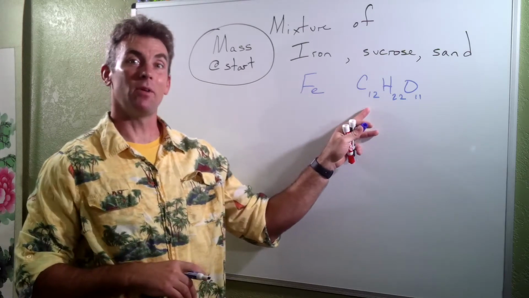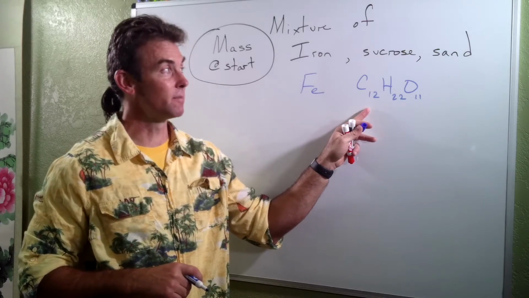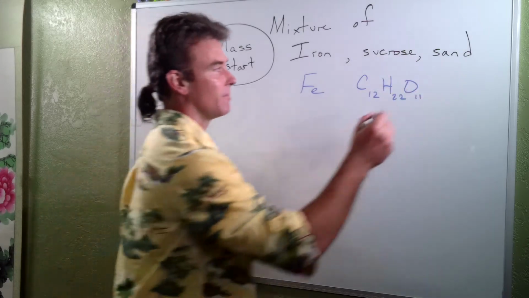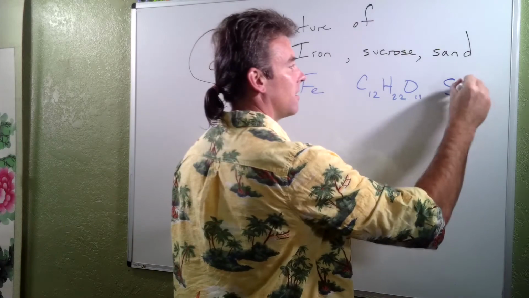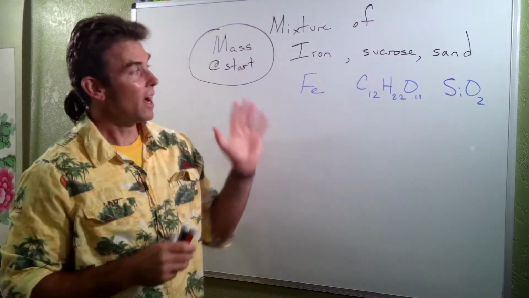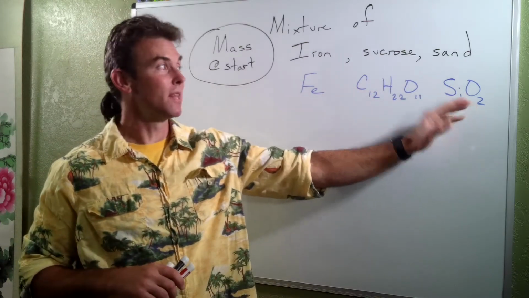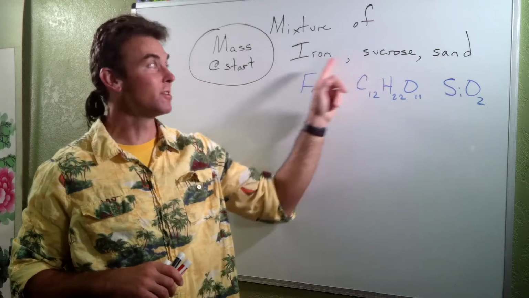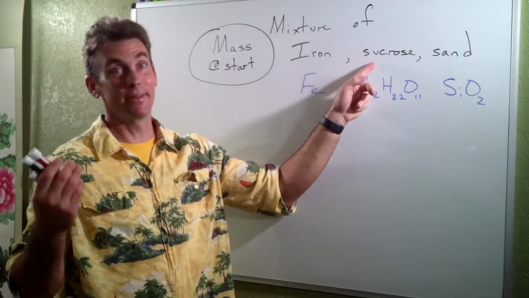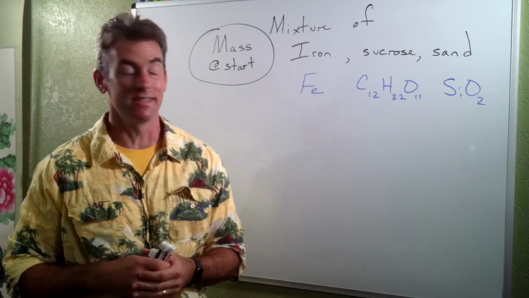This is an example of a covalent compound once we've got it separated into a substance. And then this sand, believe it or not, is silicon dioxide. So these are just the symbols that represent these much more understandable words. And honestly, instead of putting sucrose, I could have put table sugar. That's all that that is going to be.